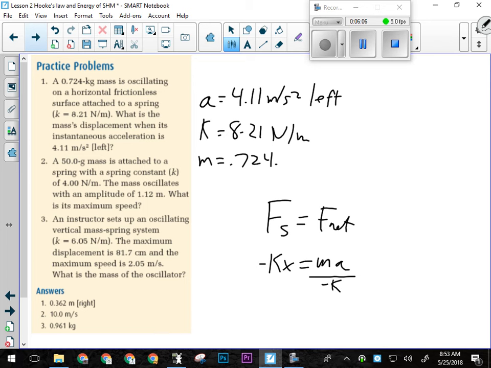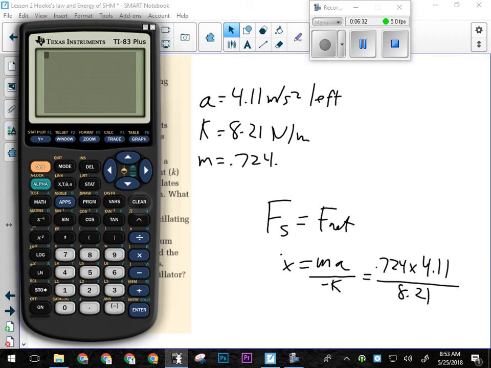Actually, I'm going to take negative k over there, so I'm solving for positive x. Then plug in my numbers. So 0.724 times 4.11, and that'll be left, divided by k, which is 8.21. When we do that, we should get 0.362 meters to the right. I'll just double check that that's what we actually get. Oh, not divided, times.